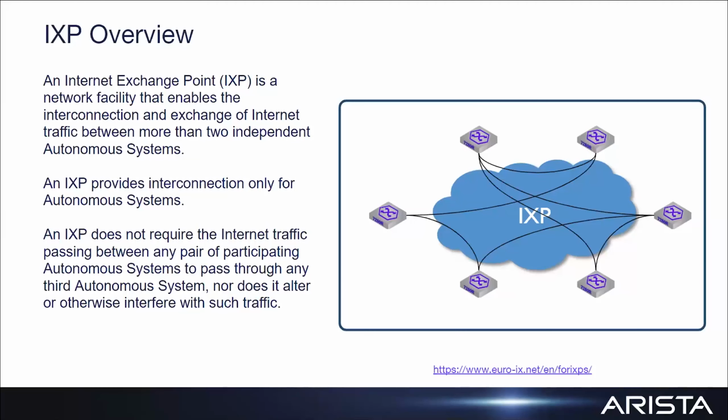An IXP provides only interconnection for ASs, so it is not an end user service they're offering. And an IXP, this is probably most important, should not inject another AS like a transit provider would do, or otherwise interfere with the traffic.